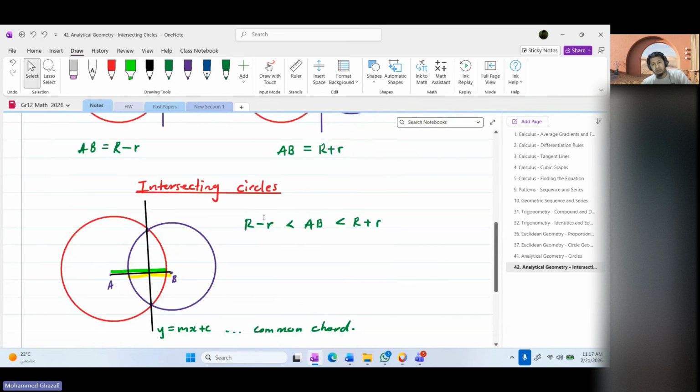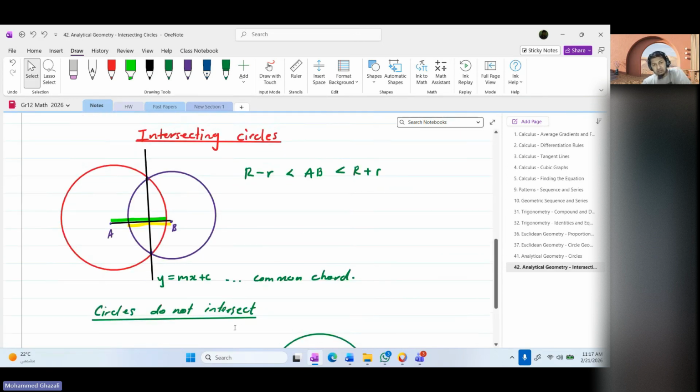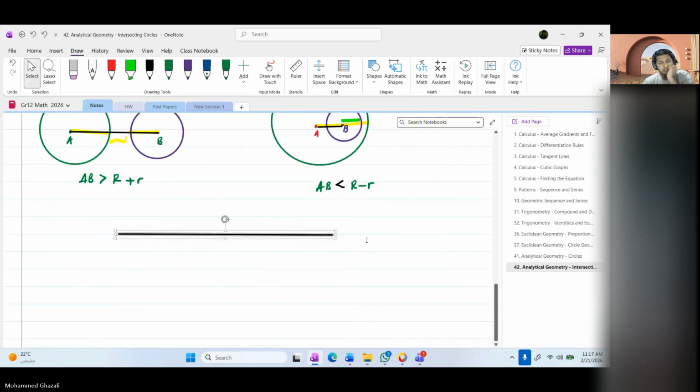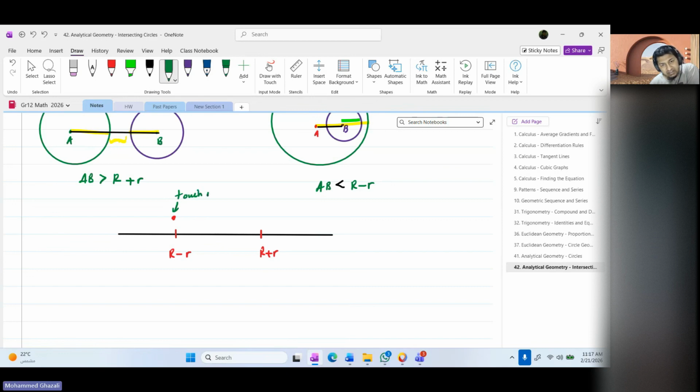So if it's out of these boundaries, then we have, yeah, so I can kind of draw a diagram here. We have this point as R minus R, and we have this point as R plus R, right? So your summary. Now, when it's R minus R over here, they touch internally, right?